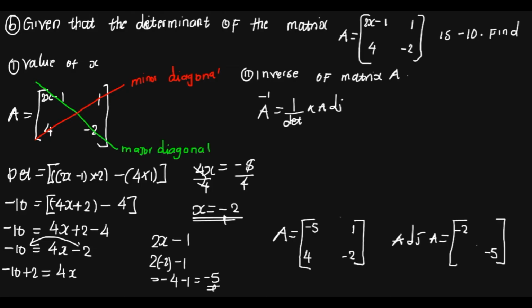So that is for the major diagonal. For the minor diagonal, you just interchange the sign. So this becomes negative 4, negative 1. Then our final answer, A inverse is equal to 1 over the determinant, which is negative 10, times the adjoint, which is negative 2, negative 1, negative 4, negative 5. So this is our final answer.